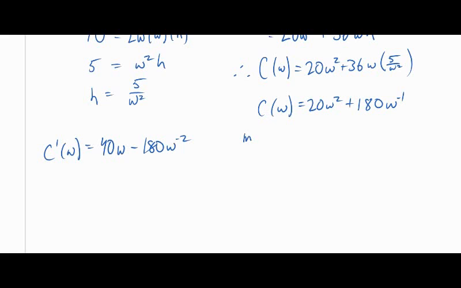So the max and min will occur at critical values, which is where C prime will equal 0 or does not exist. Ooh, I meant to mention this when we were doing the exam review.